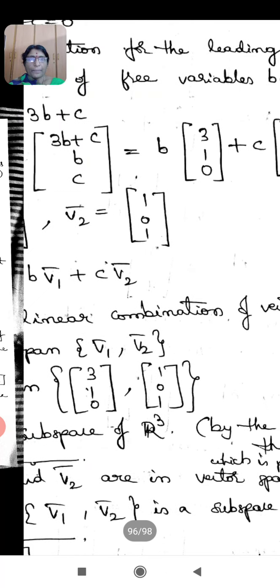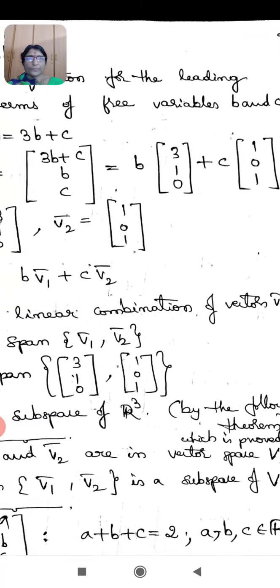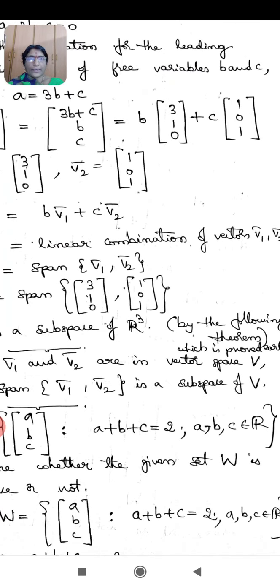Similarly, taking c as a scalar multiple, we can write it as c times (1, 0, 1), as c has the coefficients 1, 0, 1 in this column vector. So (3b plus c, b, c) can be written as b times (3, 1, 0) plus c times (1, 0, 1).